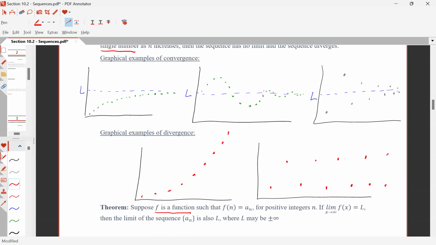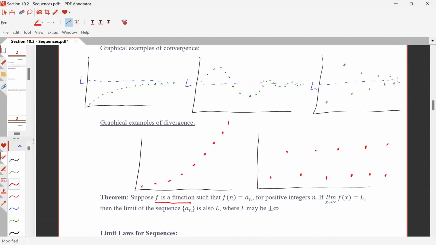There are some very specific examples for this. One example where it doesn't go the other way is the function f of x equals sine of 2 pi x.